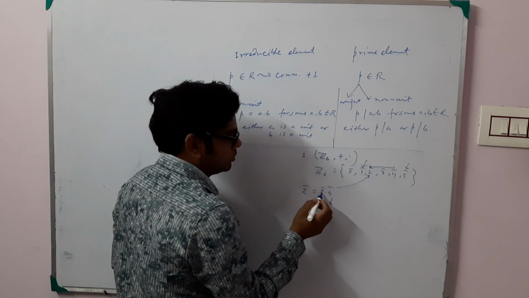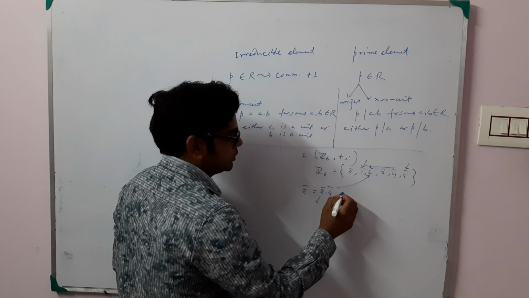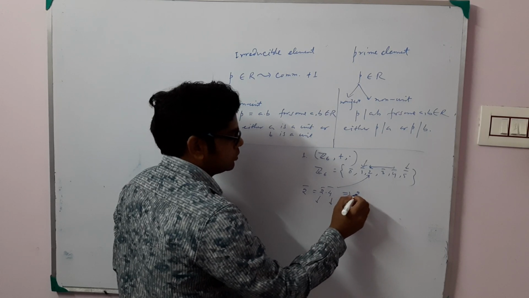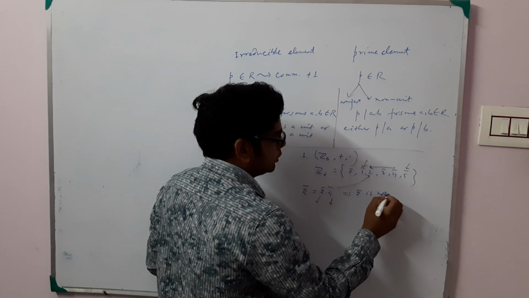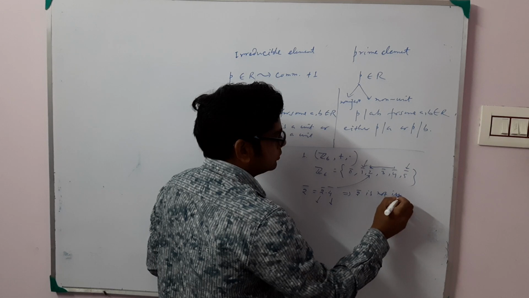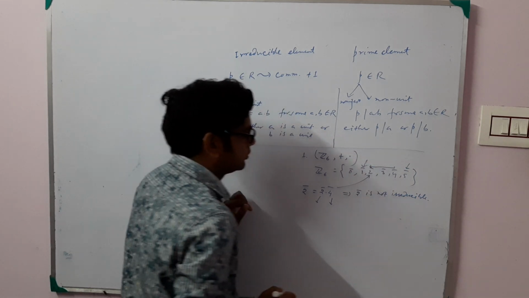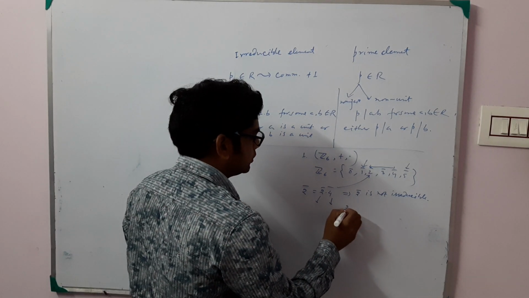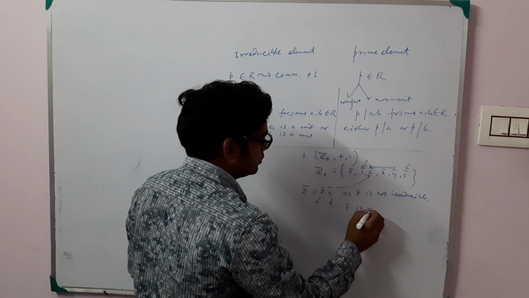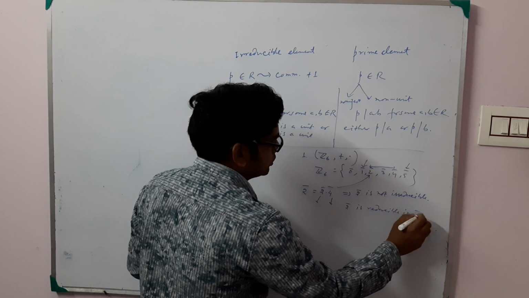So here 2 is not a unit, 4 is not a unit. So this implies that class 2 is not irreducible. So class 2 is reducible in Z6.